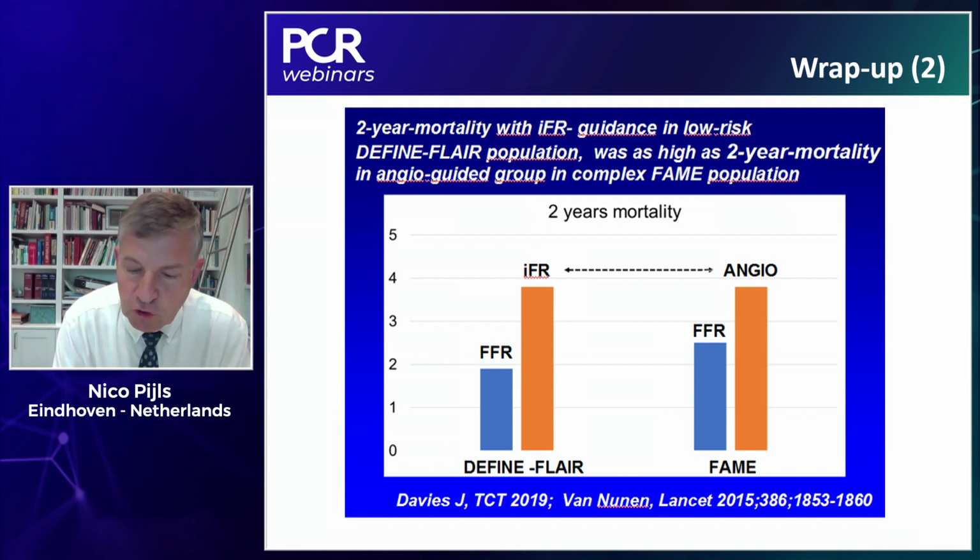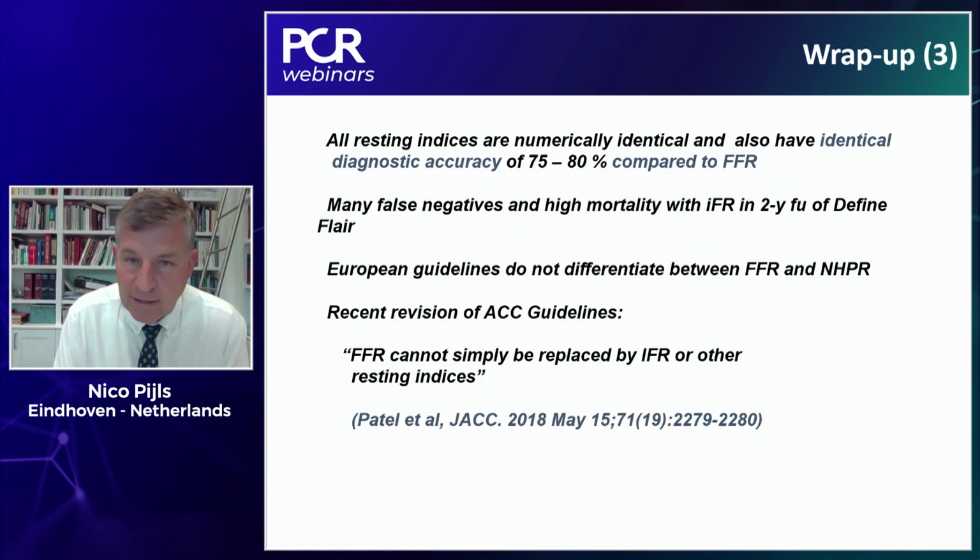It is up to all of you yourselves whether you take a few minutes of extra time and the infusion of a harmless drug, adenosine, to calculate your FFR, or whether you are satisfied with the non-hyperemic index. But realize what you are doing and be aware that the accuracy of the resting NHPR at best equals about 80% of the accuracy of FFR.